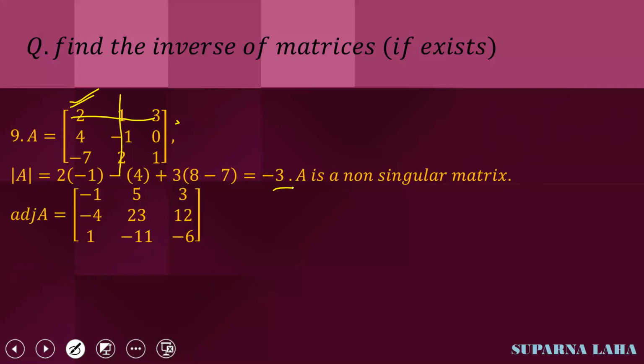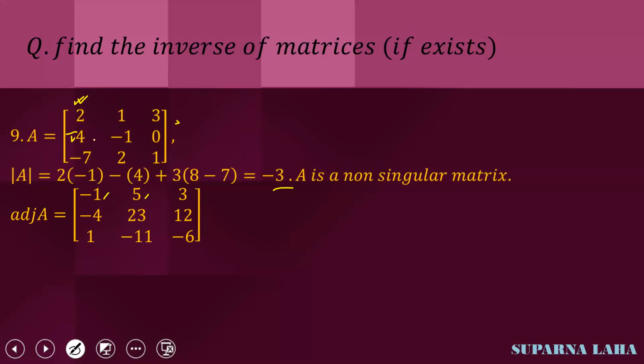Okay, so now for finding this adjoint value, just take this element and firstly find its cofactor. So cofactor for 2, it will be minus 1. Here it is. Cofactor for 4, just remove this first column and the second row. So you will find 1 minus 3 2s are 6. So 1 minus 6 minus 5 into minus, that will be plus 5.